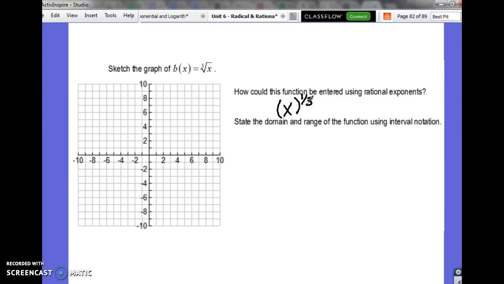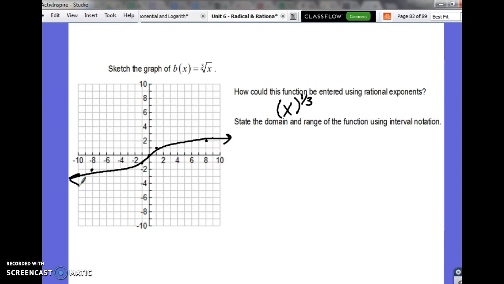Okay, remember flower power. Those rational or fractional powers give you your roots. But either way you enter it in your calculator, if you look at some points, you've got a point at 0, 0, 1, 1, -1, -1, 8, 2, -8, -2. And those are the only points that you'd be able to plot on this graph. But that curve does something sort of like that.